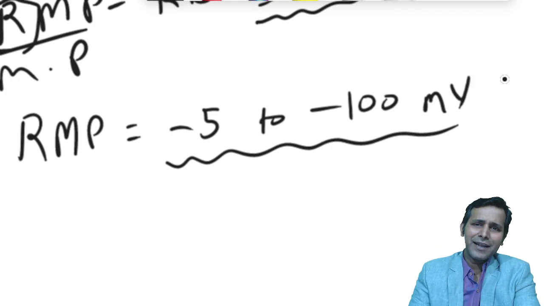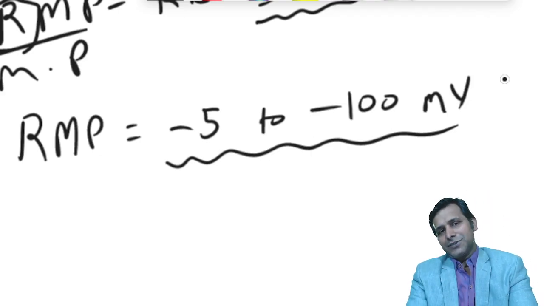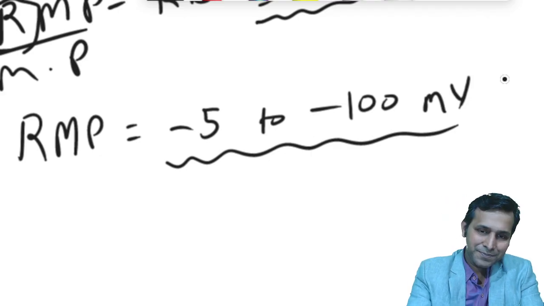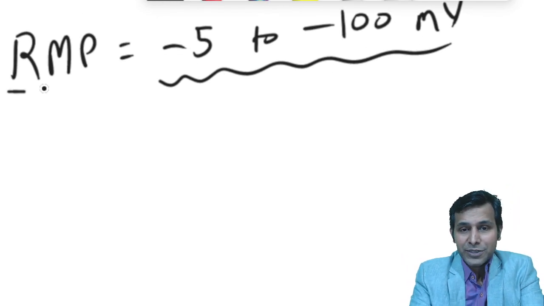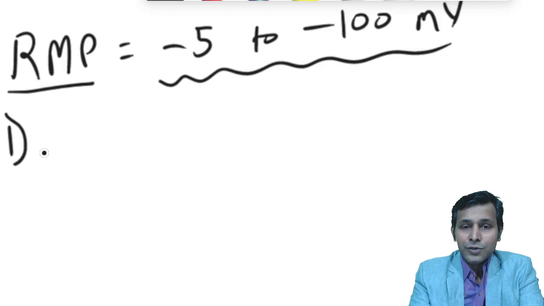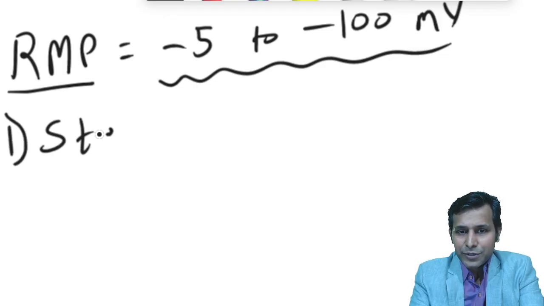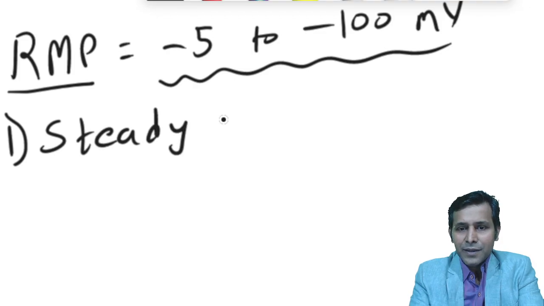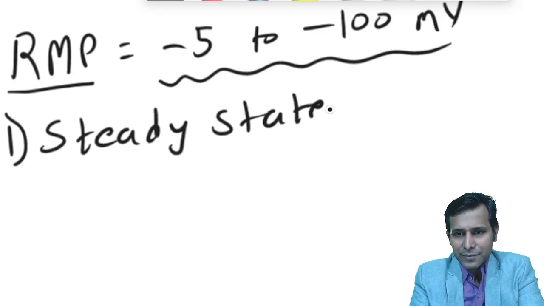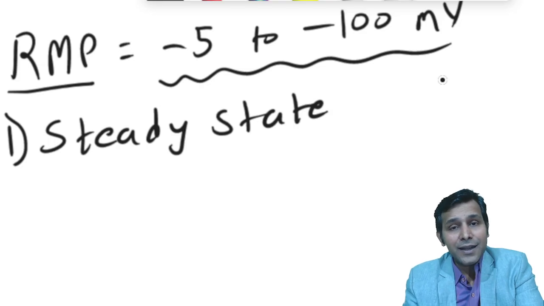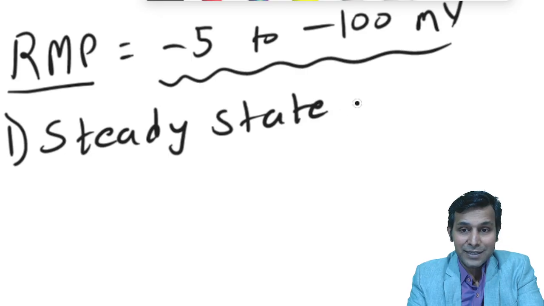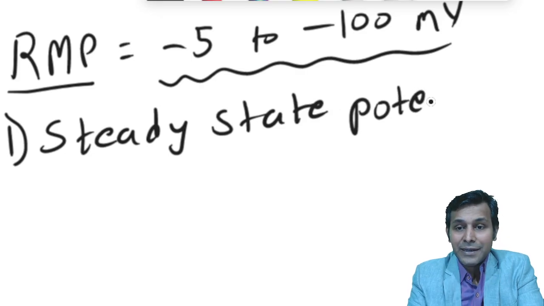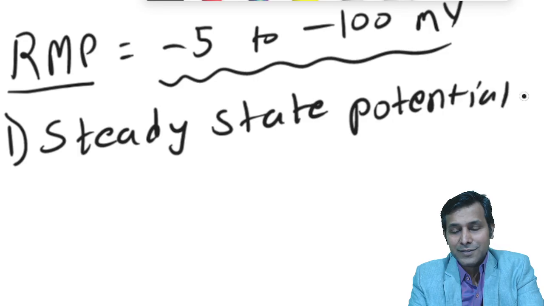Now, let us write down a few peculiar features of resting membrane potential. RMP, or resting membrane potential, remember, is also known as a steady state potential. It means unless the cells are excited, the cell maintains this potential throughout their cycle.